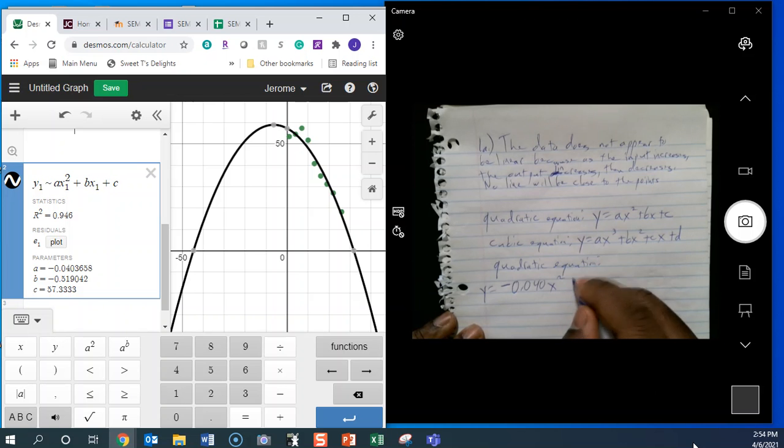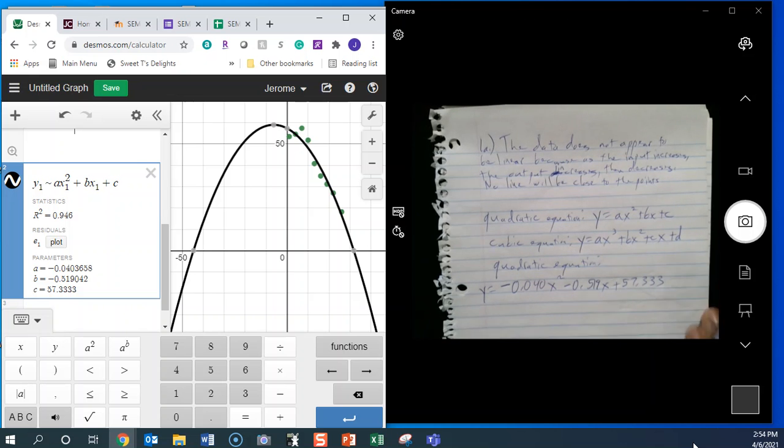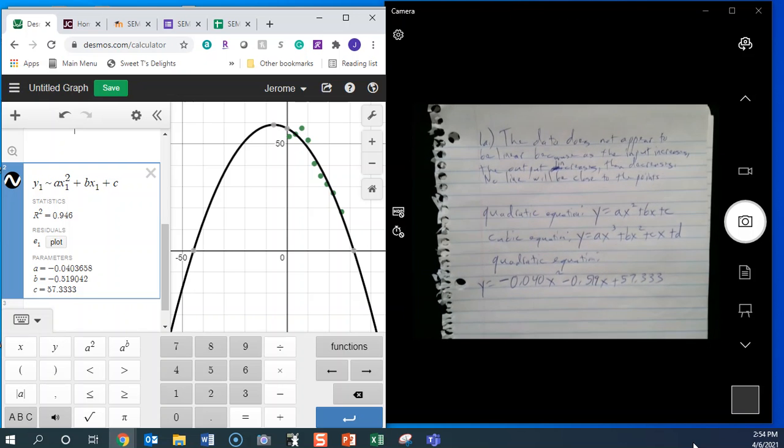And then b is negative 0.519 x plus 57.333. So this is the quadratic form. Now we're going to look for the cubic equation.